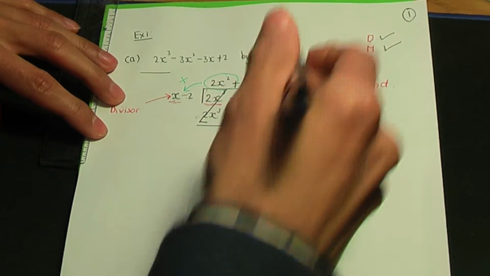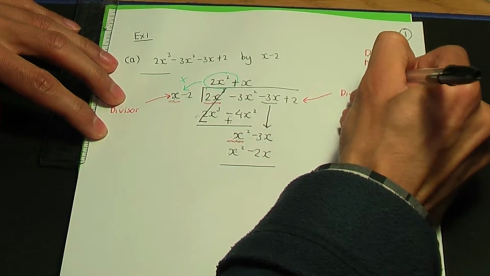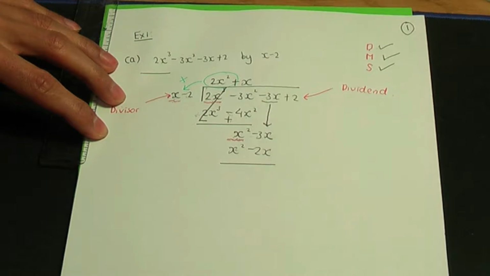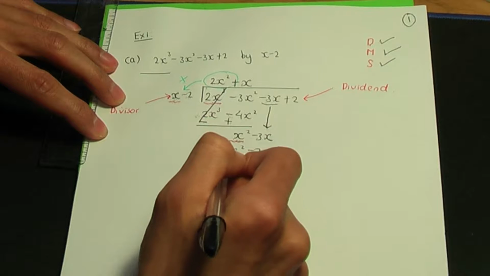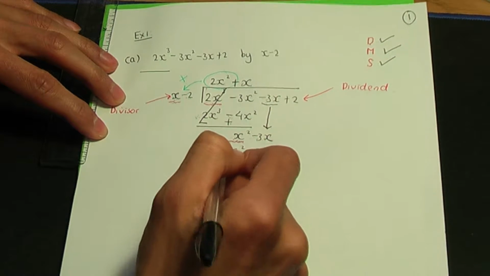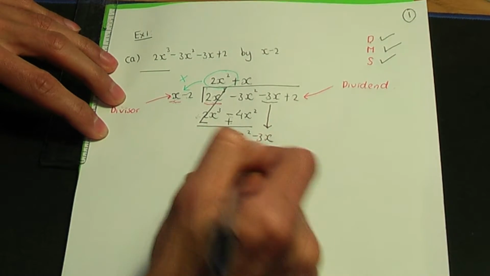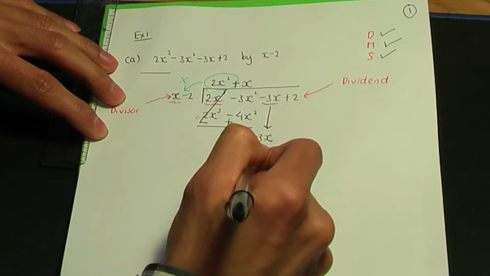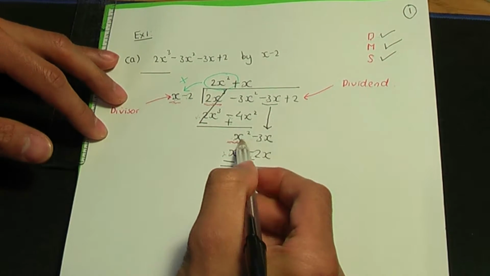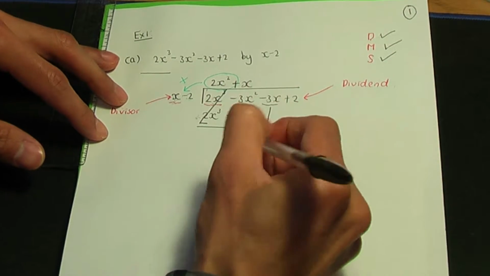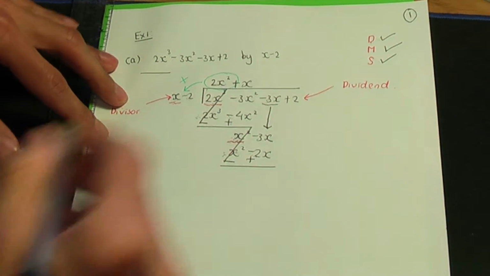After you multiply, remember the next operation: S means subtract. Only observe the signs of the bottom two terms and reverse the signs. So this plus reverses to a minus, and this minus reverses to a plus. So when you add, x squared minus x squared is nothing.